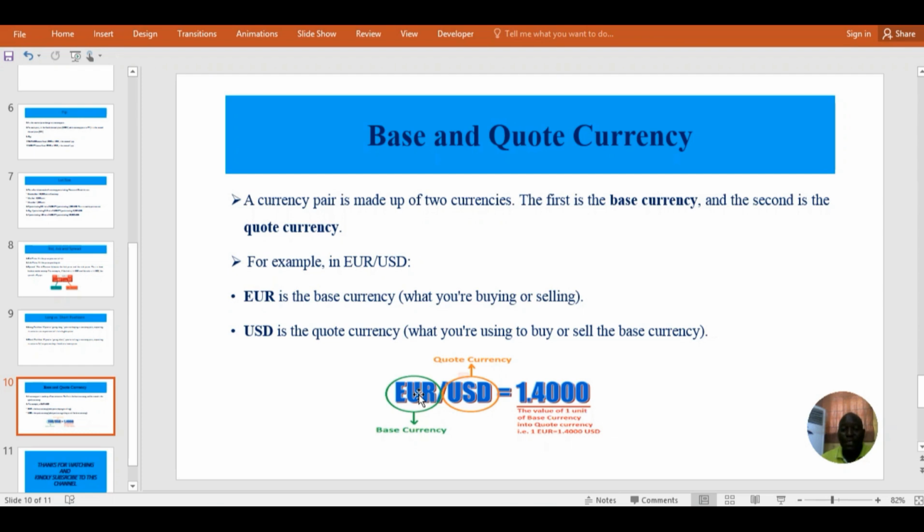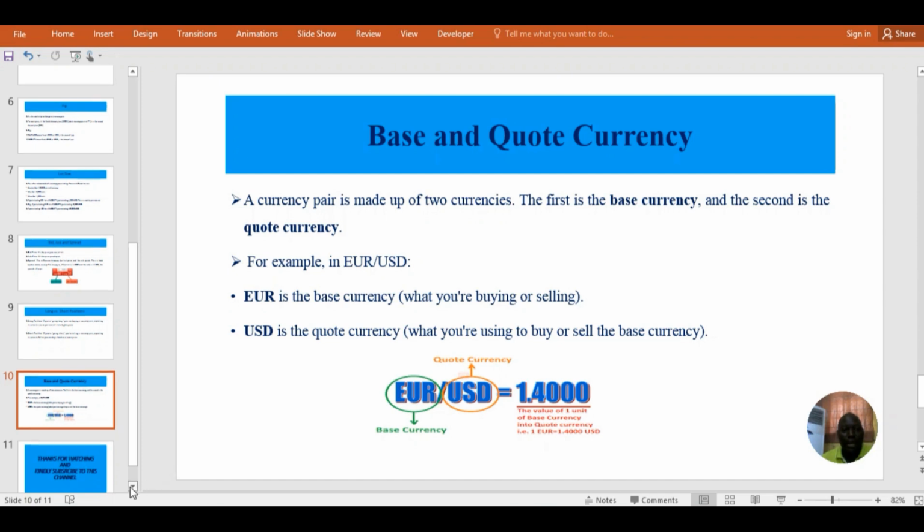And if the euro strengthens by 10 pips, I make profit. And if it falls by 10 pips, I lose 10 pips. There is no other thing to it than just realizing that you will find it on your chart: the base currency comes first and the quote currency comes last.